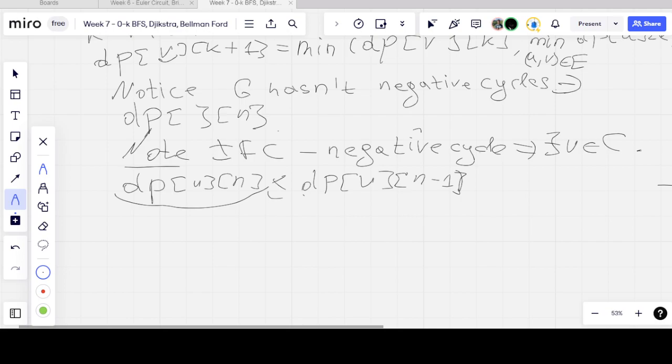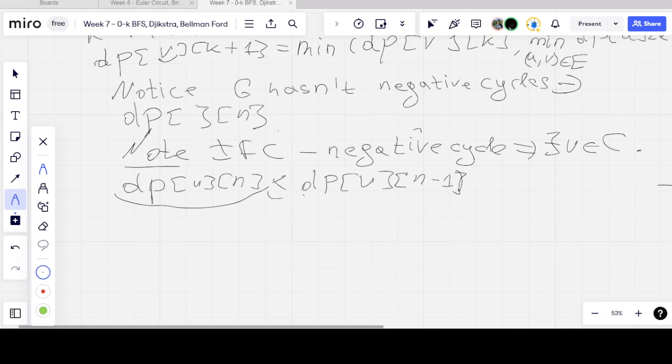Do you understand or not? It's the Dirichlet principle, the school theorem that if we have n boxes and n plus 1 rabbits, then there is a box with two rabbits.